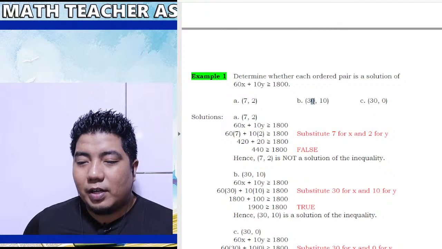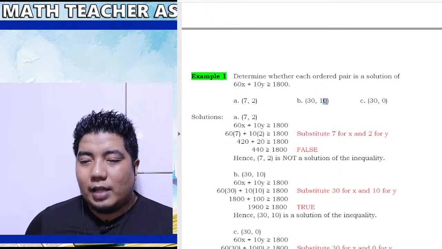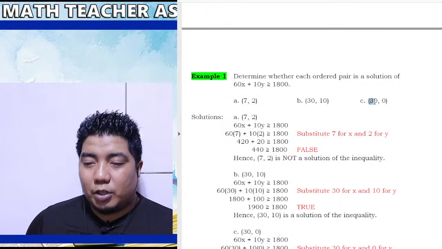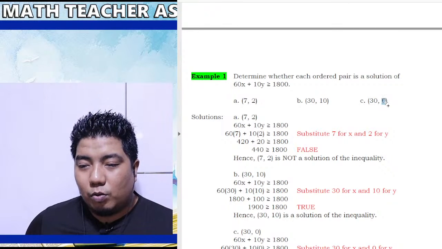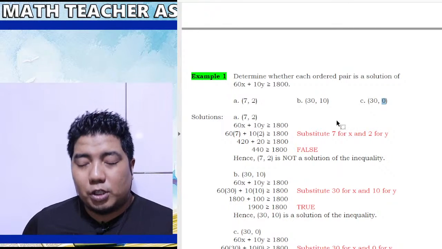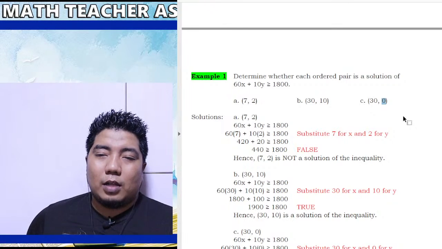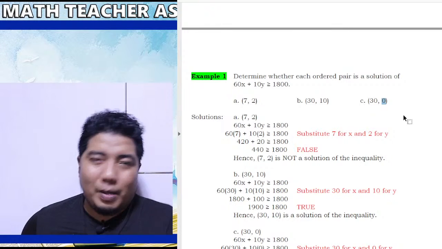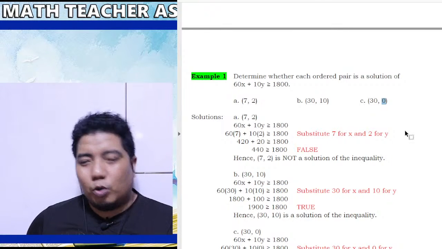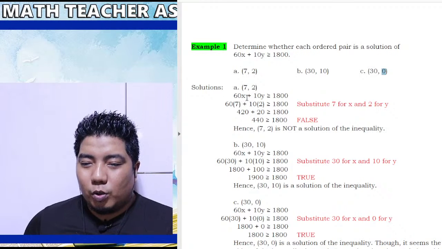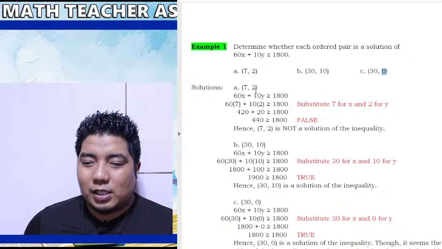We also have here 30 kilograms of lettuce and 10 kilograms of bottle gourd, and we have here 30 for the lettuce and 0 for the bottle gourd. So the question is, which among these three can be an acceptable number of kilos that will make Kaloy achieve his goal?